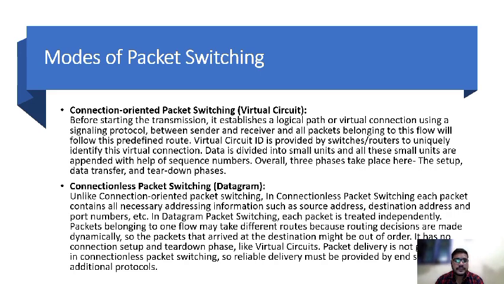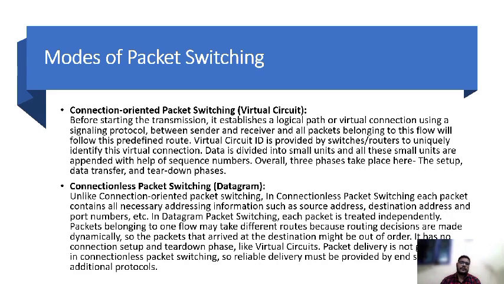The first one is virtual circuit, that is the connection oriented packet switching type, and the second one is datagram, that is the connectionless packet switching type. In virtual circuit, before starting the transmission, it establishes a logical path or virtual connection using a signaling protocol between sender and receiver, and all the packets belonging to this flow will follow this predefined route.